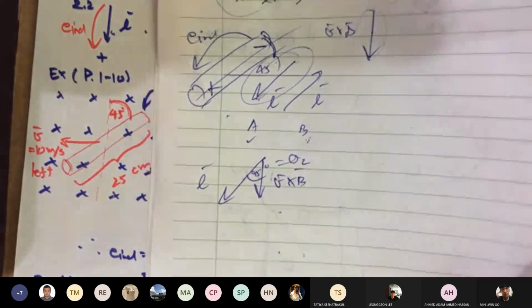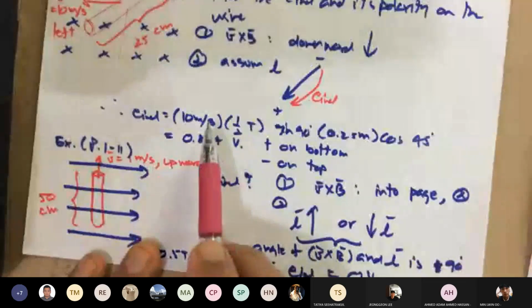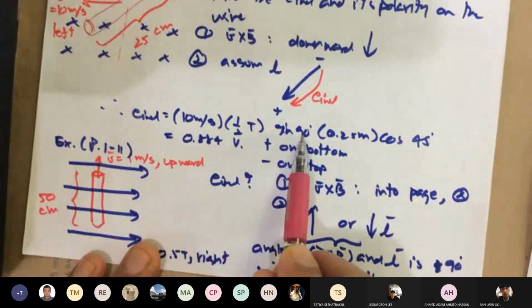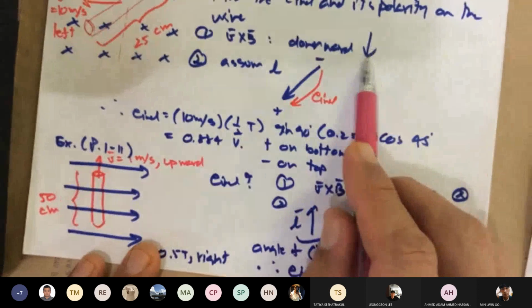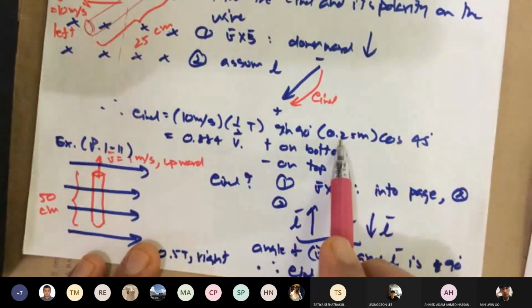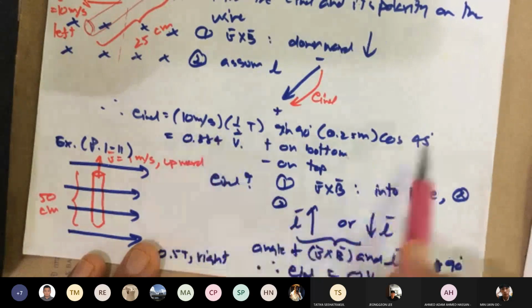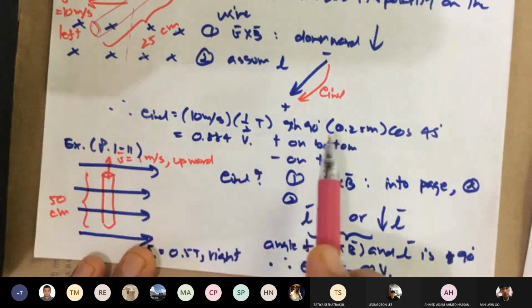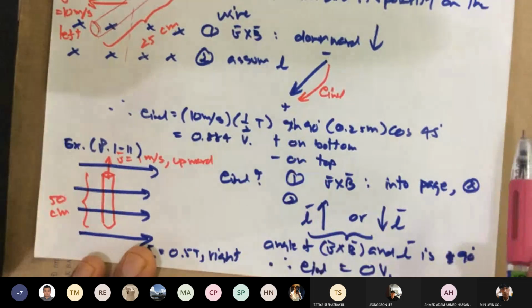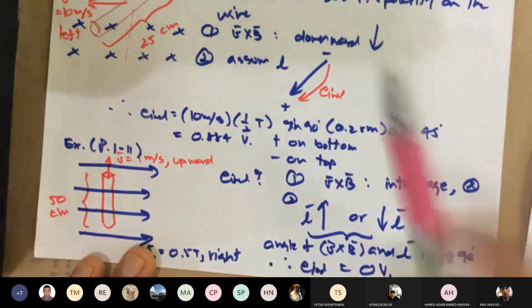So your magnitude calculation would be V B sine of 90, the angle between vectors V and B, and the angle between the cross product and L would be 45. So L is 0.25 meter, cosine of 45. Calculate this, resulting in 0.884 volt. Positive on the bottom, negative on the top, shown here.